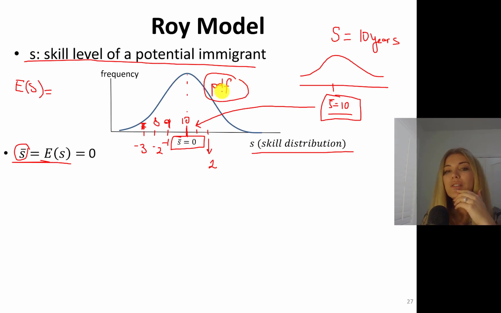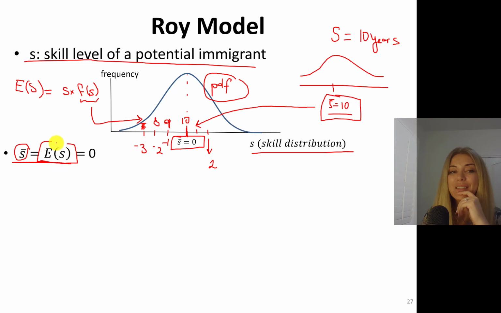PDF is a probability distribution function. It is S times F of S. This is the PDF that describes this frequency distribution. I'm not going to go deeply into this, but this is a fancy way of saying the average skill level is standardized to 0, nothing more.